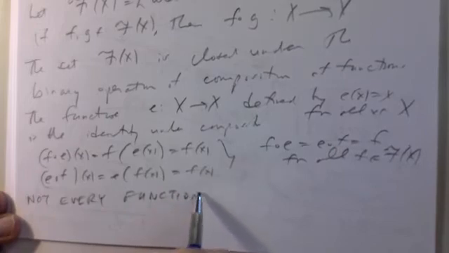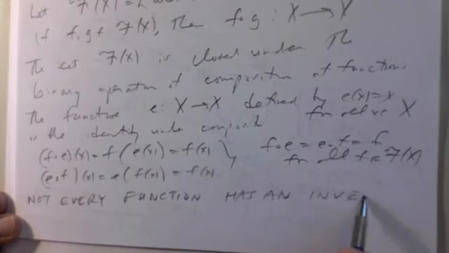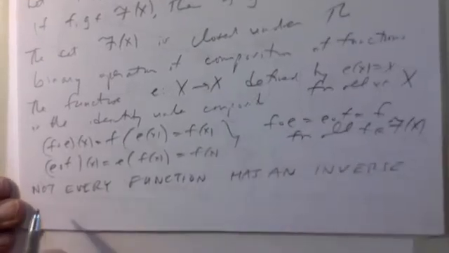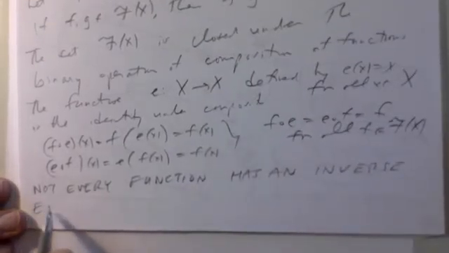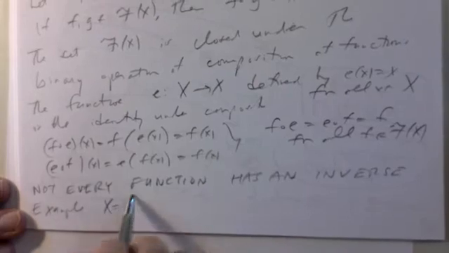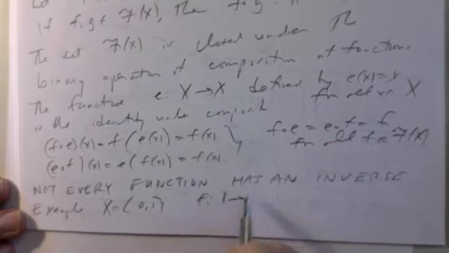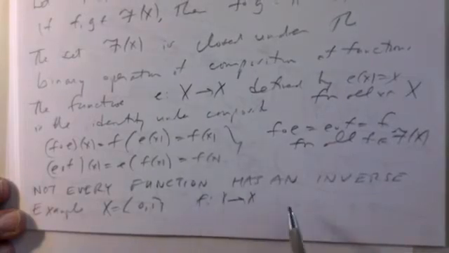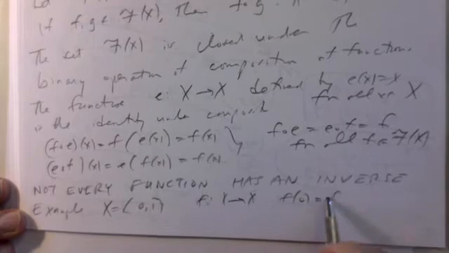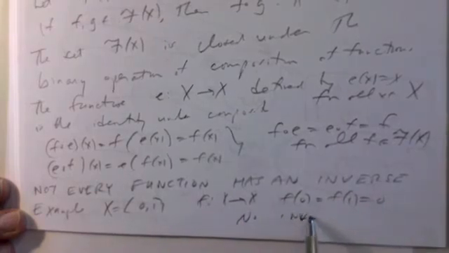Not every function has an inverse. So for example, if you take x to be the set 0 and 1, just two numbers, and f from x to x defined by f of 0 and f of 1 both get sent to 0, this has no inverse.